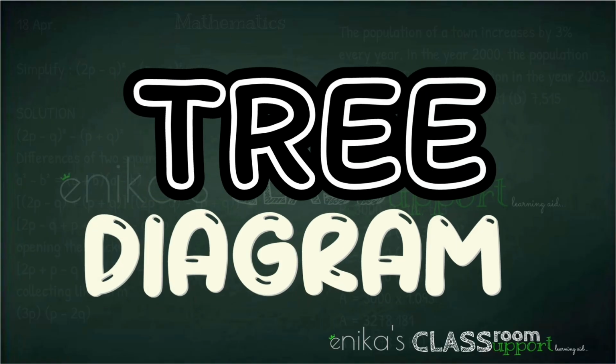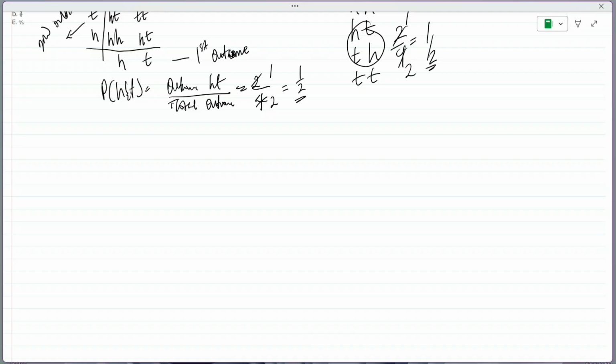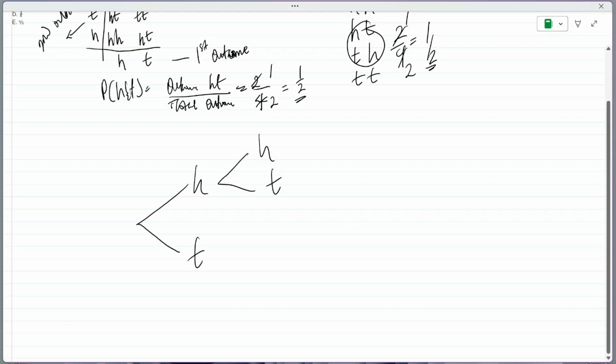Method 3, tree diagram. You can also get out all the outcomes and be able to get the exact outcome you need, that's the head and the tail, by using a tree diagram where you have your head and the tail here. That's your first outcome. Then for the second outcome, the head will get the head and the tail, and the tail will also get the head and the tail. This is the second set of outcomes.